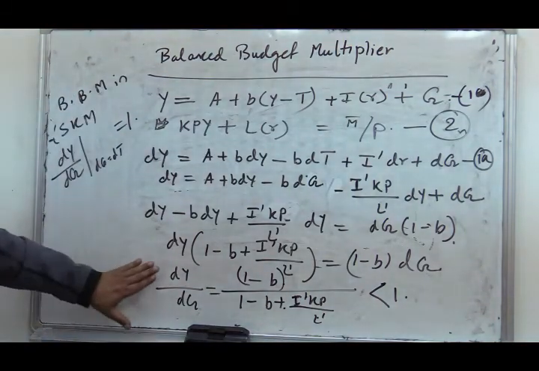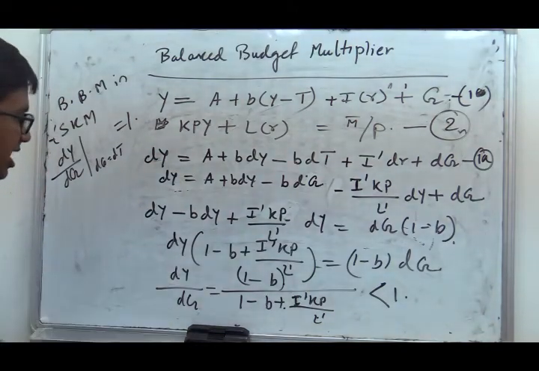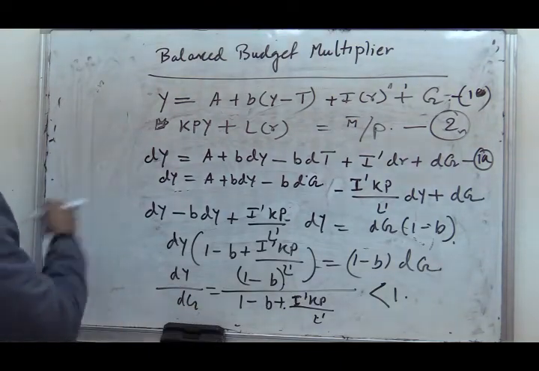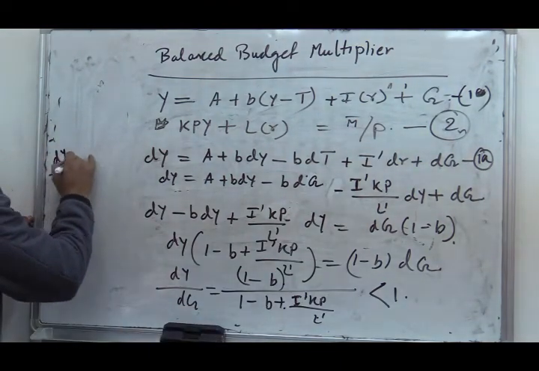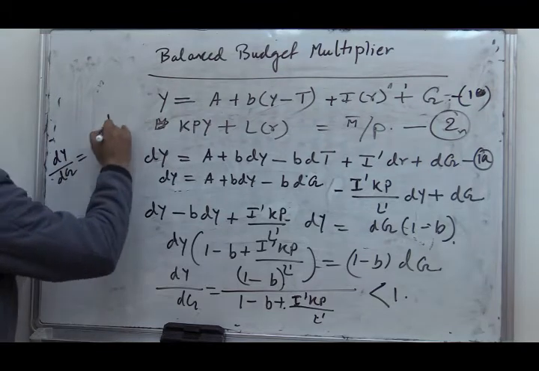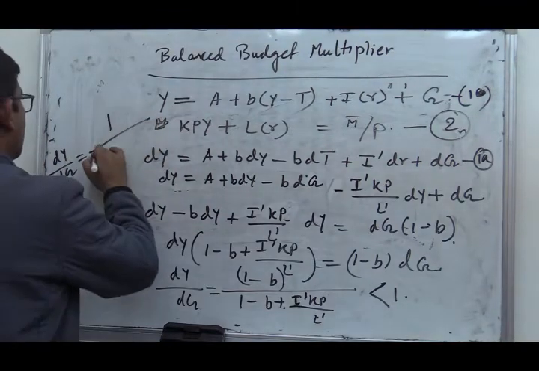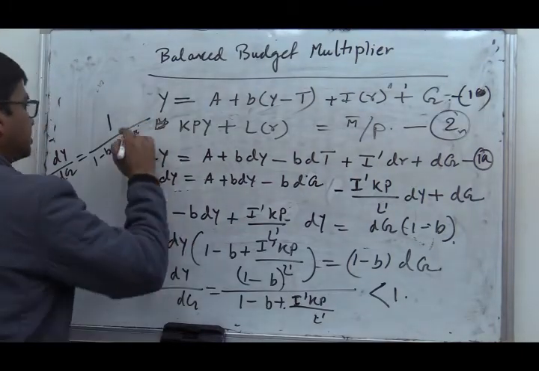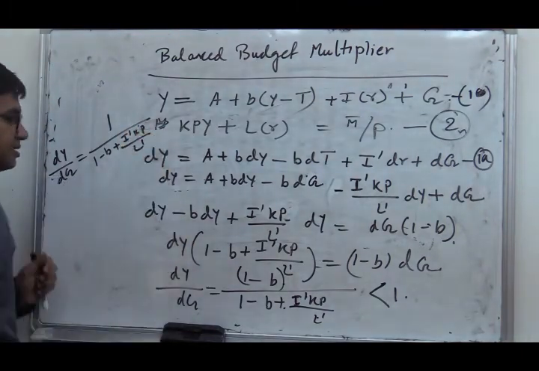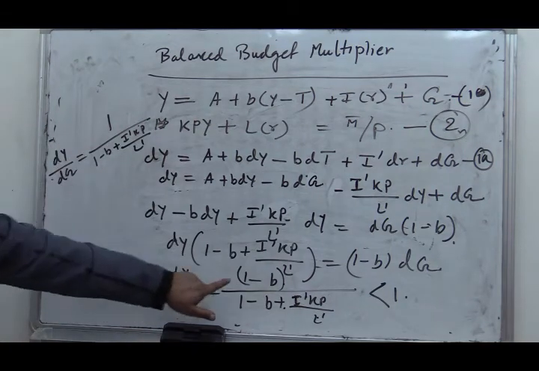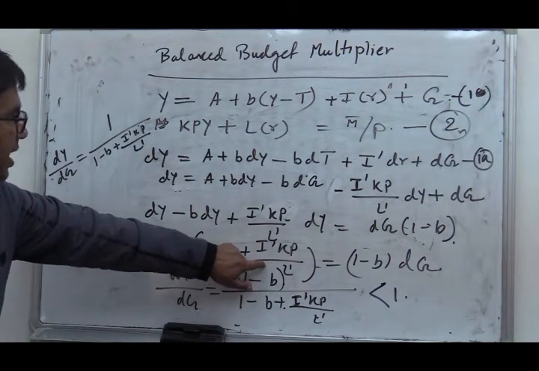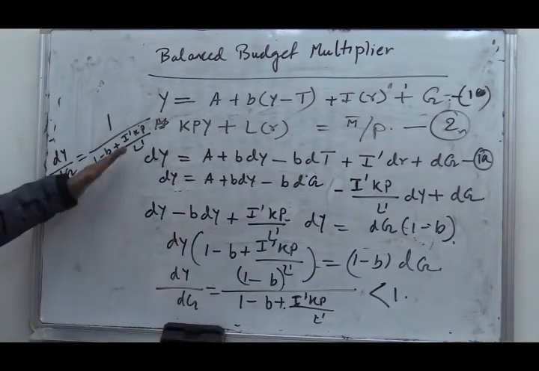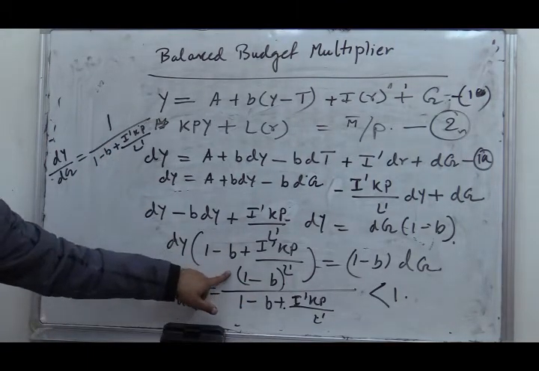Second, we compare this multiplier with the public expenditure multiplier in the ISLM model, which is given as 1 divided by (1 minus b plus I dash kP by L dash). Just compare: the denominator is the same in both cases, but here the numerator is 1 minus b, so it is smaller.